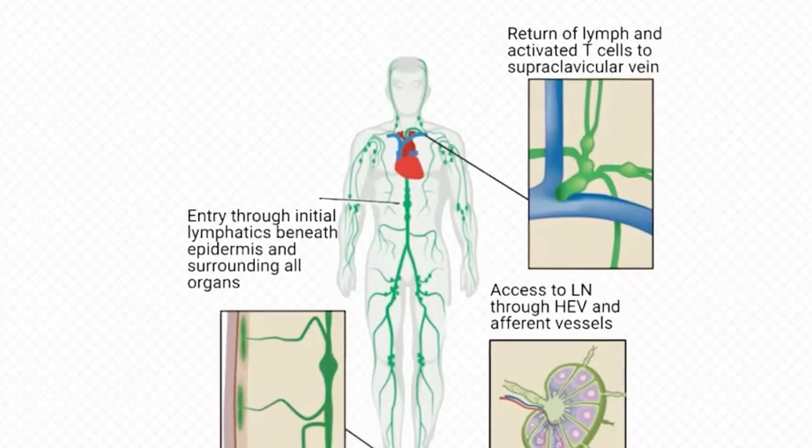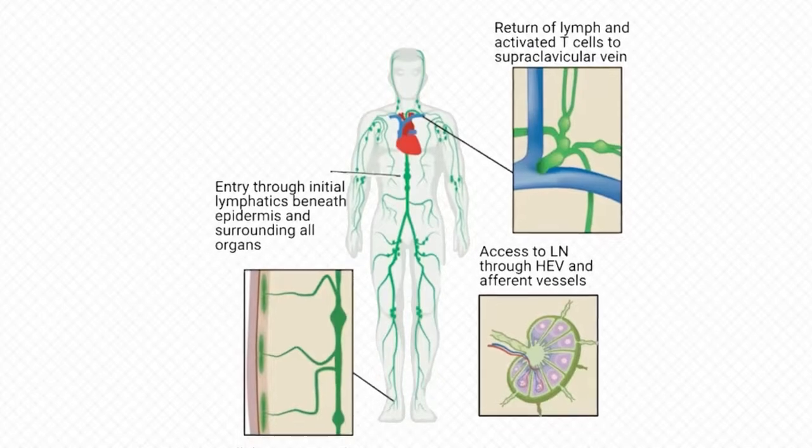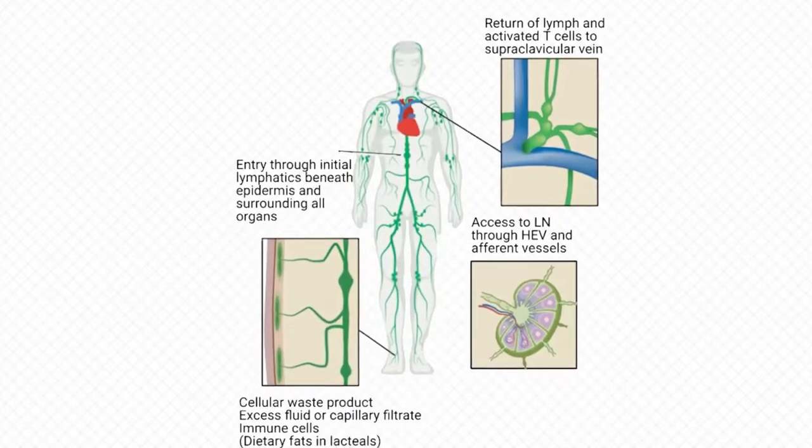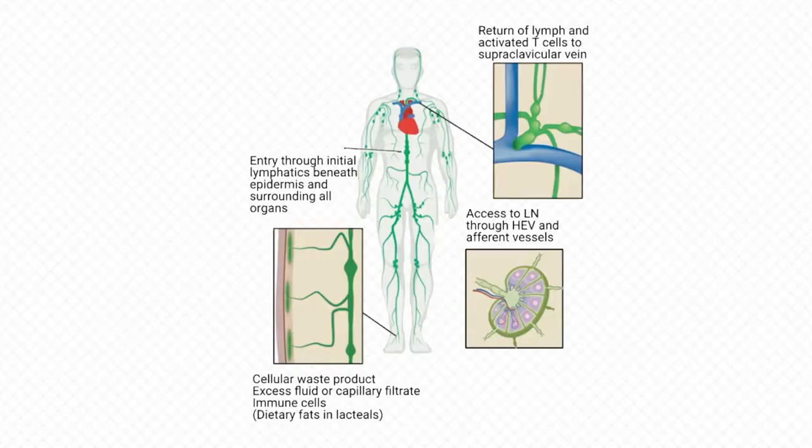Now with this illustration, we're talking a little bit more about the deeper drainage of the lymphatic system. What we spoke about just now was the superficial drainage, with the lymphatic capillaries and the absorption. As this fluid is absorbed, it then needs to go into these deeper lying vessels that transport the fluid towards the lymph nodes.